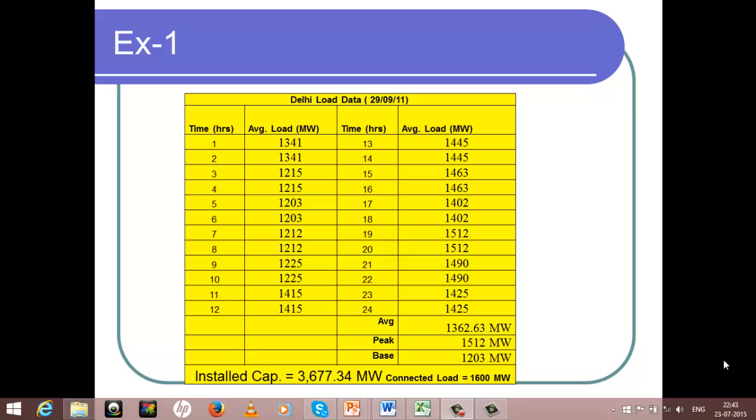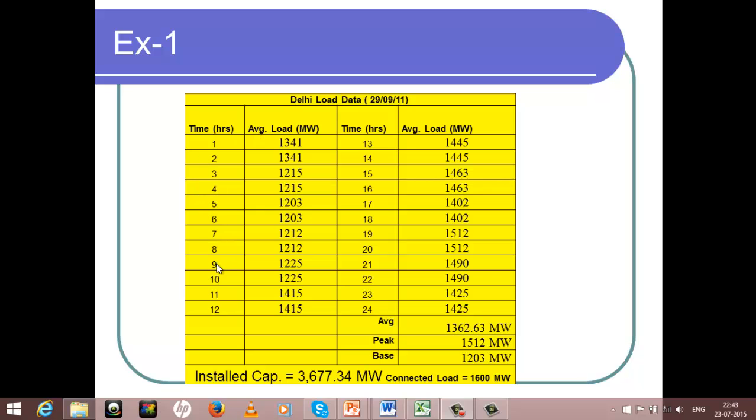For example, consider a daily load data. Here the table shows the load pattern for 24 hours. Time is in hours, and average load is in megawatt. That means in the first hour, the total amount of power consumed in that particular area is 1341 megawatt.